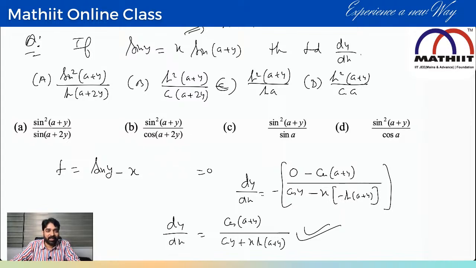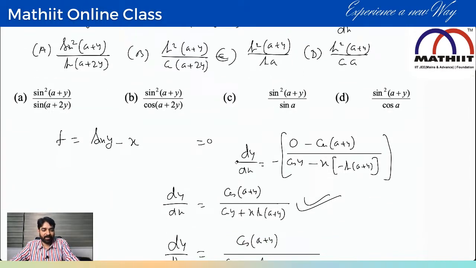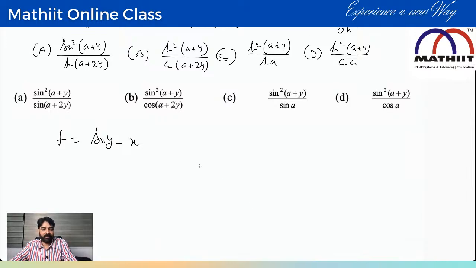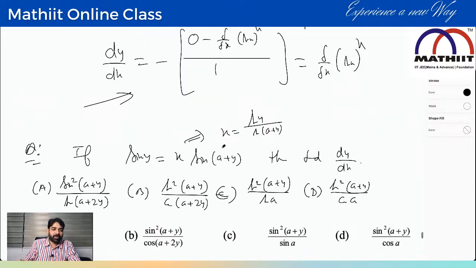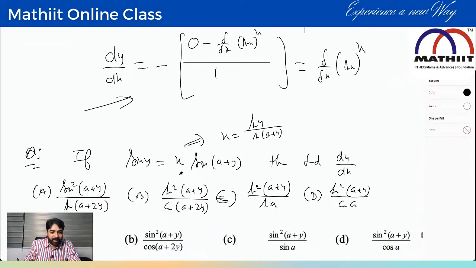So, has anybody got the answer? That's why I was thinking, the options were coming totally wrong. Okay, so let's do it once again. I'm sorry, the scrolling made the problem.